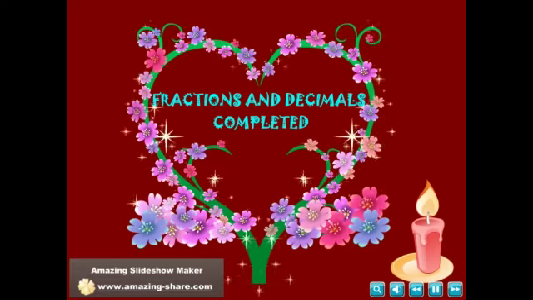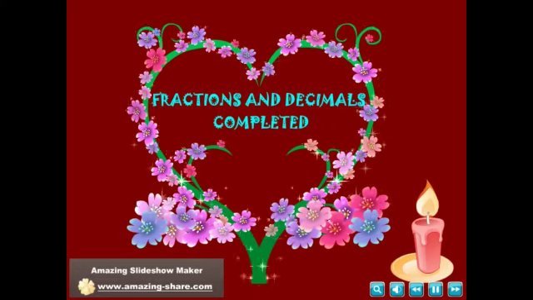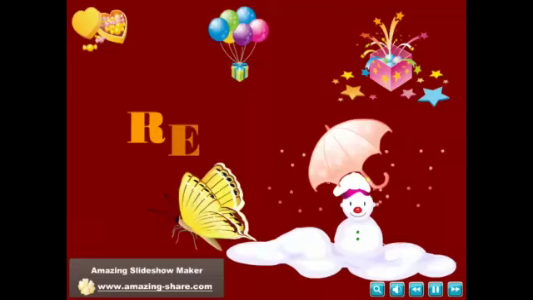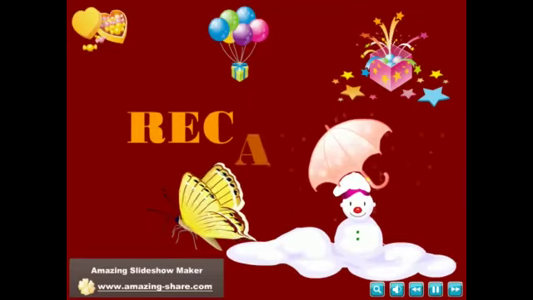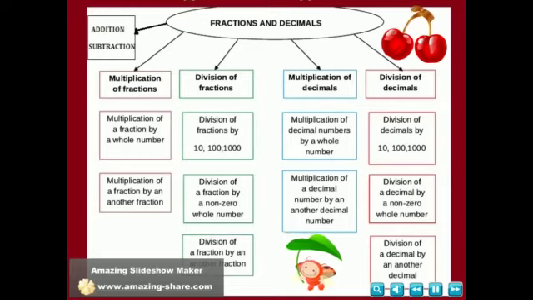So with this question, our exercise 2.7 is over. Also, our chapter 2 fractions and decimals is completed. Now let us recall what are all the topics we had seen in this chapter so far. In fractions and decimals, the first part, fractions, in that we had seen addition of fractions, subtraction of fractions, multiplication of fractions.